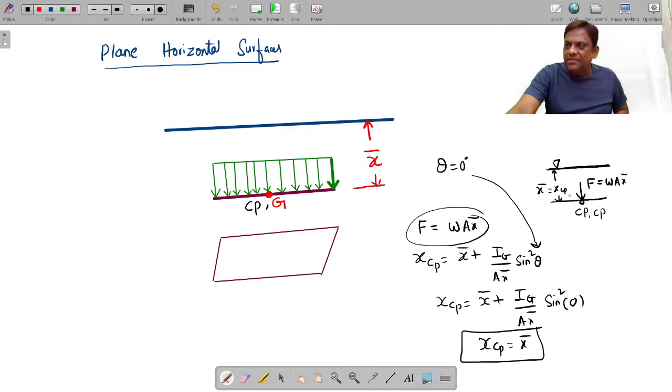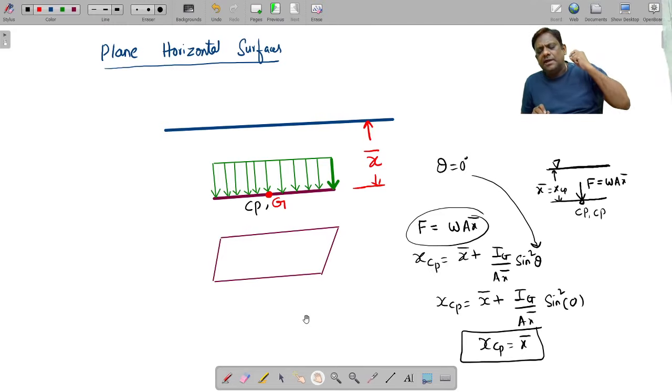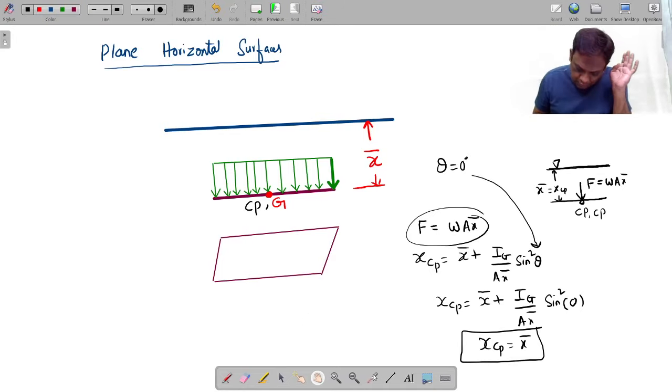Please tell me, is it clear? How simple it is. I'll put it all in one table for your easy understanding. In case of horizontal surfaces, the center of pressure and center of gravity coincide, but always remember that the hydrostatic force acts at the center of pressure. In this case, luckily, CG and CP coincide.